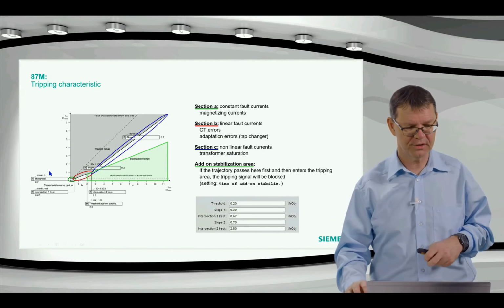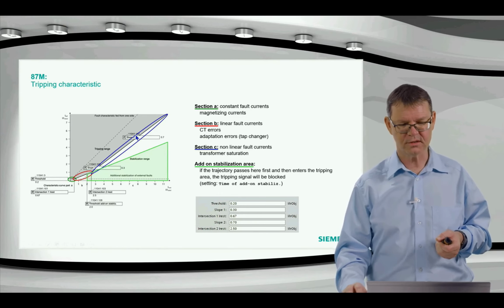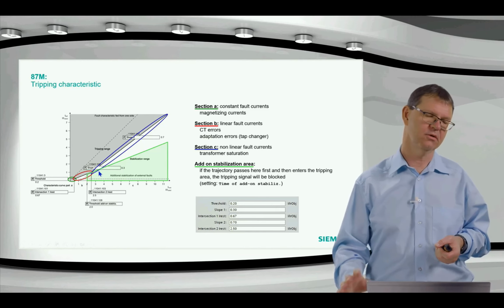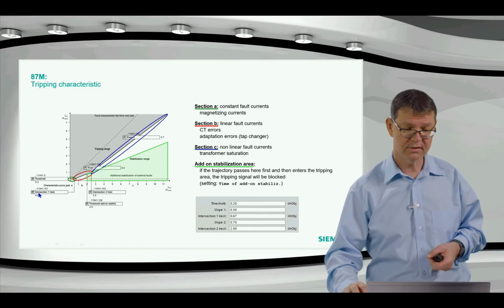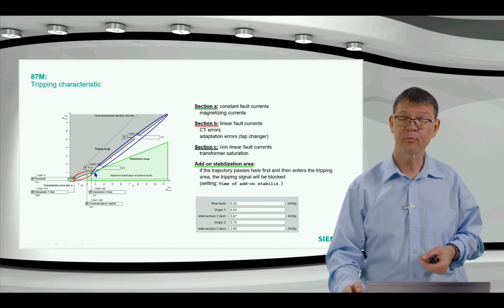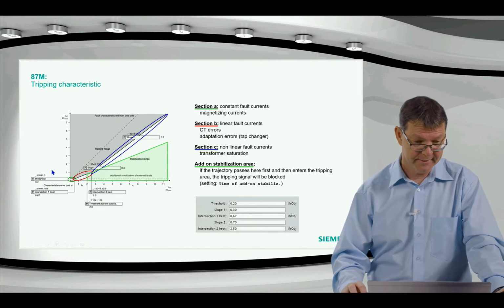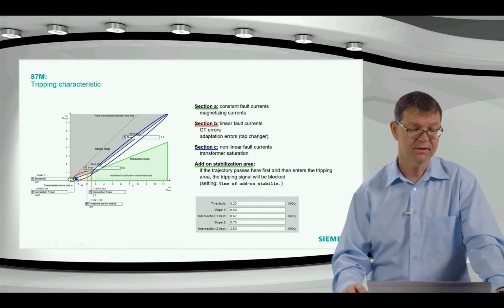Therefore, we have here our classical characteristic with a threshold, a slope 1 and a slope 2 section. The slope 1 is to compensate for linear faults, and the slope 2 is to compensate additionally current transformer saturation.